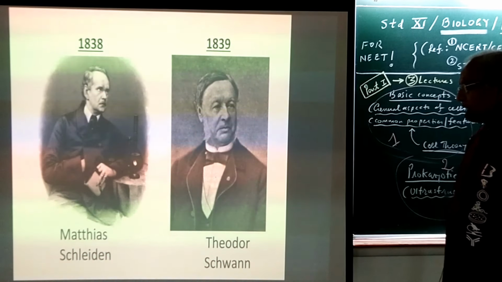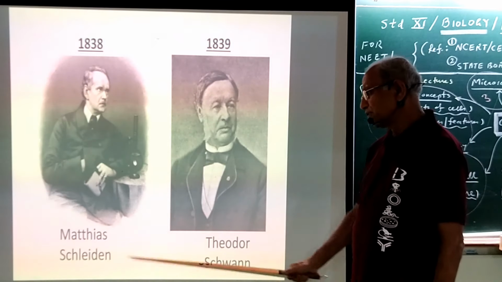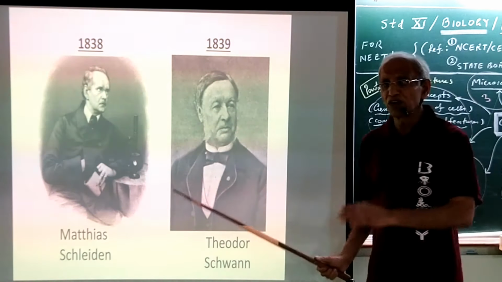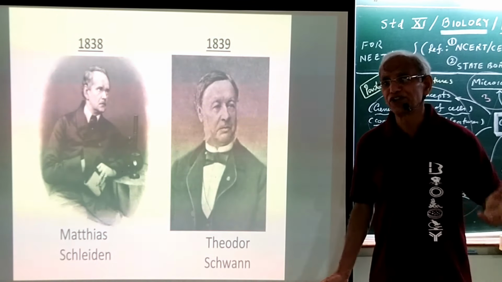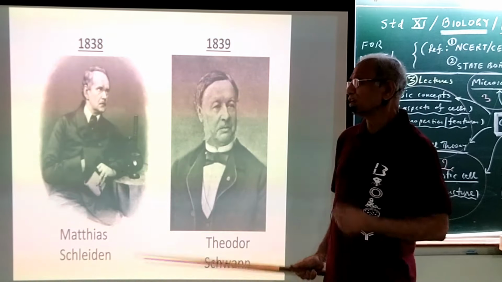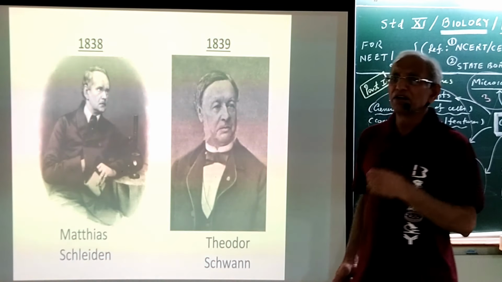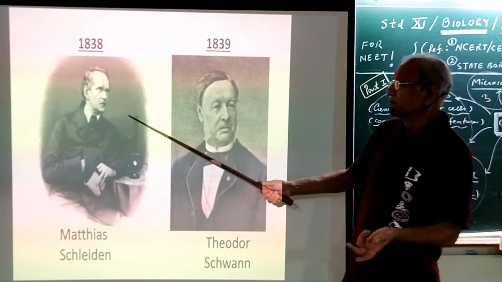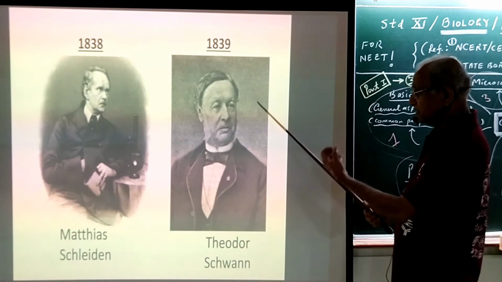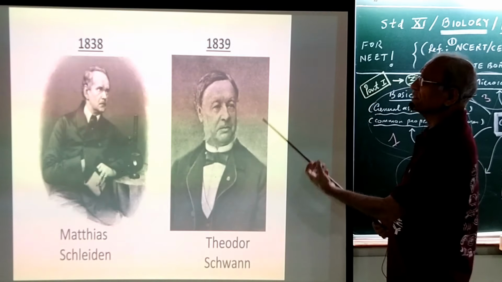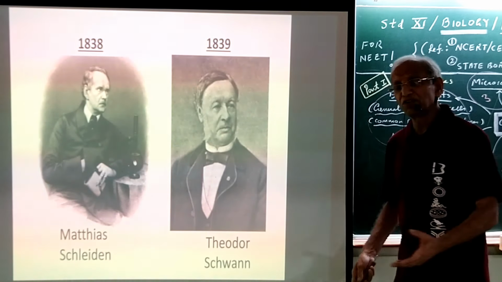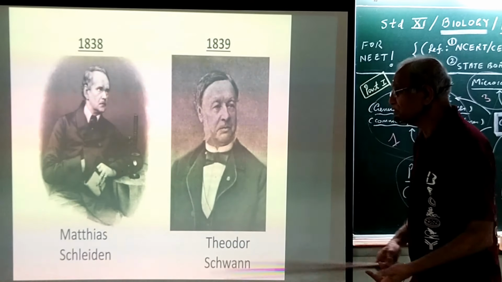Yeah, Schleiden and Schwann. Matthias Schleiden and Theodor Schwann, a botanist and a zoologist, worked independently. They were both German. They were trying to find out whether every organ of a plant is having cells. And this great person was a physician, a physiologist, and at the same time researching those things.